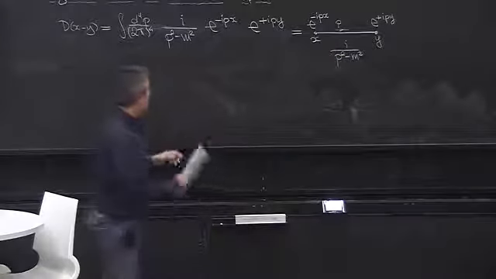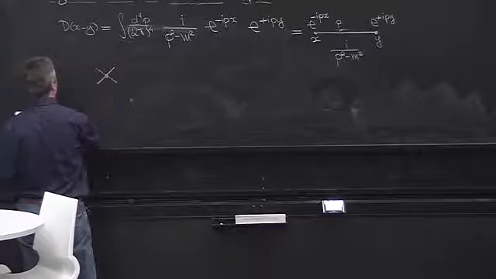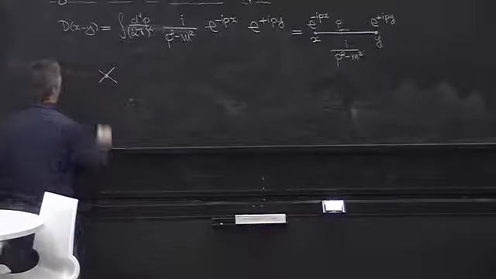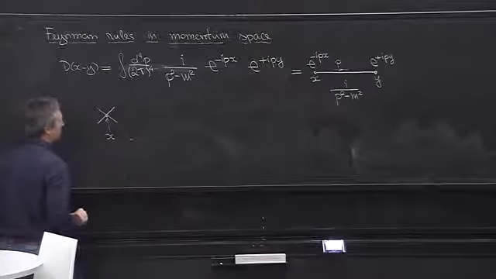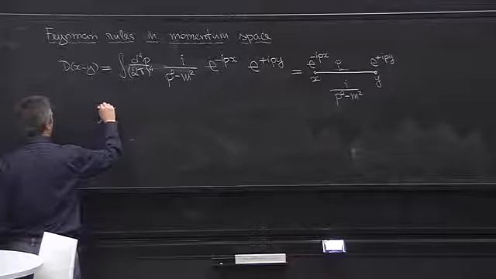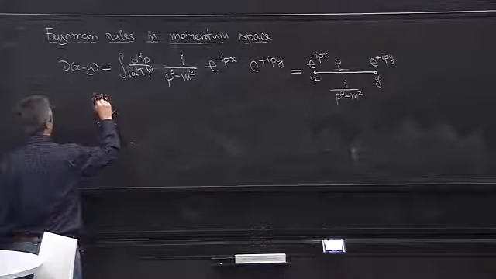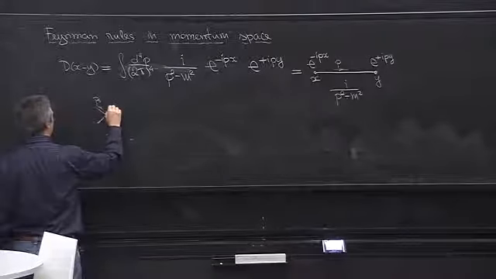So let's look at what happens at the vertex. We have a vertex at the position x. Let's assume that all momenta that flow into this vertex are incoming.